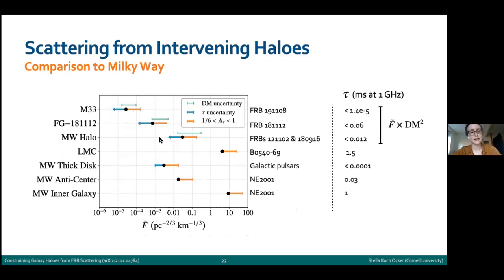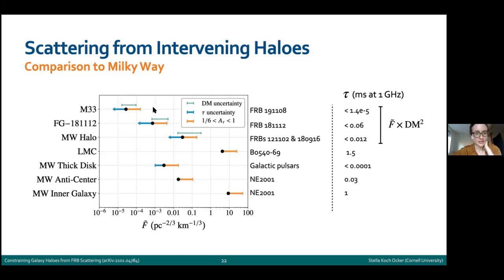These green error bars demonstrate the range of allowed values for F tilde based on our uncertainty in the DM contribution of the halo, and these orange error bars represent the range of allowed values for F tilde based on the range of possible values for A tau, that factor that translates the mean temporal delay to a 1/e scattering time.